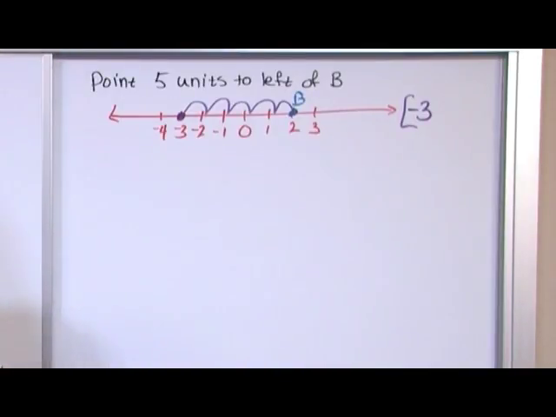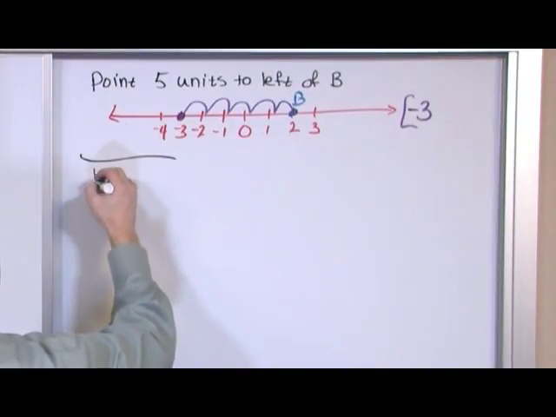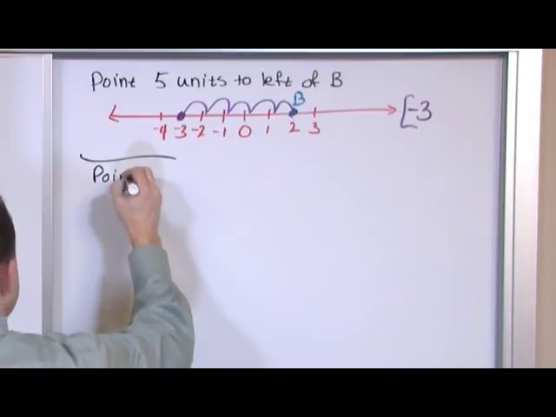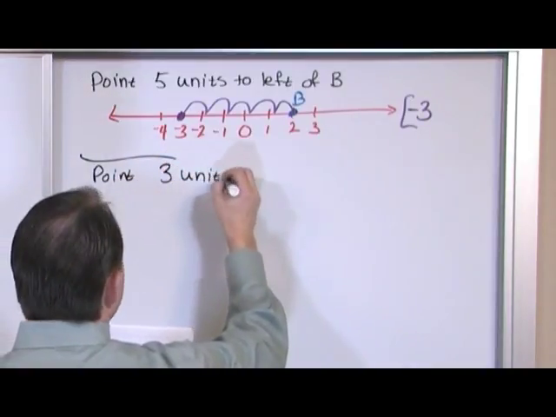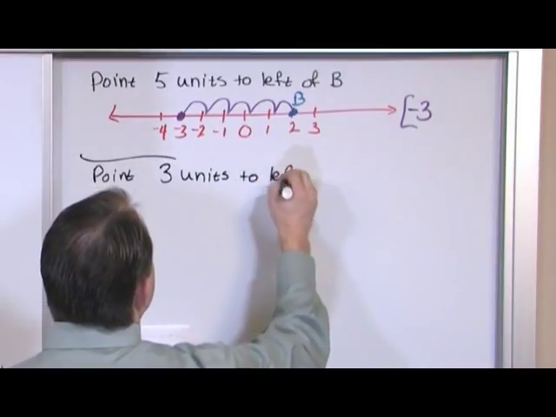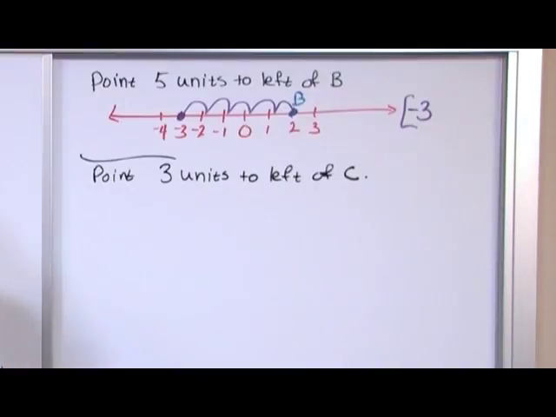This one's not harder, it's just a little different. We want a point that is 3 units to the left of the point C that I'm going to put here on the number line for you.